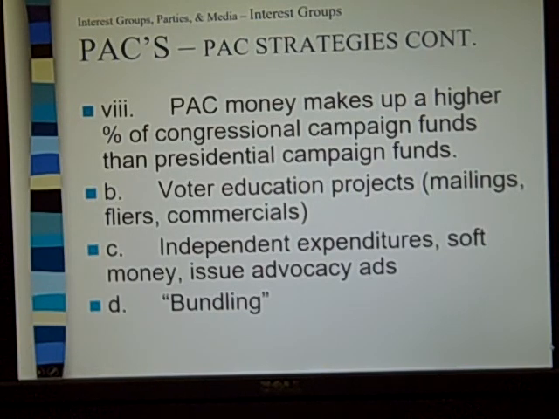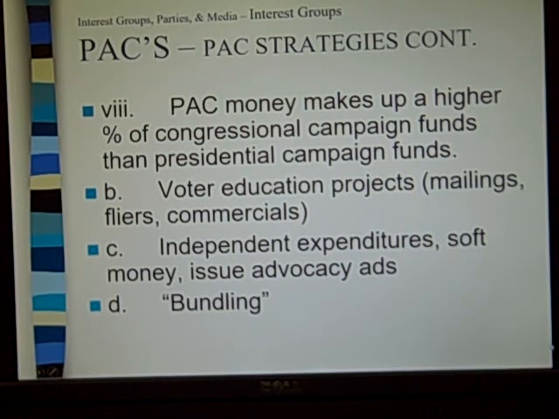This is a test question that you will see all the time, right? The little 7 right there. Political action committees make up a higher percentage of congressional campaign funds than presidential campaign funds. Okay? Pay particular attention to the term percentage. Right? Again, there's 535 congressmen, right? 472 of them are up for re-election every 2 years.